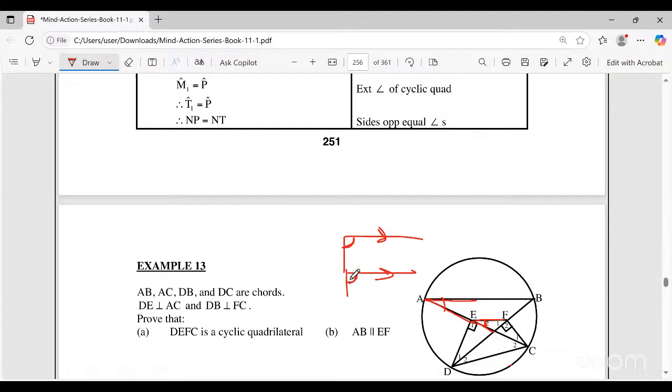But if we already have the equal angles, we can come to the conclusion that this line is parallel to this one, reason being the converse of corresponding angles. Then you state those angles that are equal. Does it make sense, guys? Yes. Okay, thank you, guys.